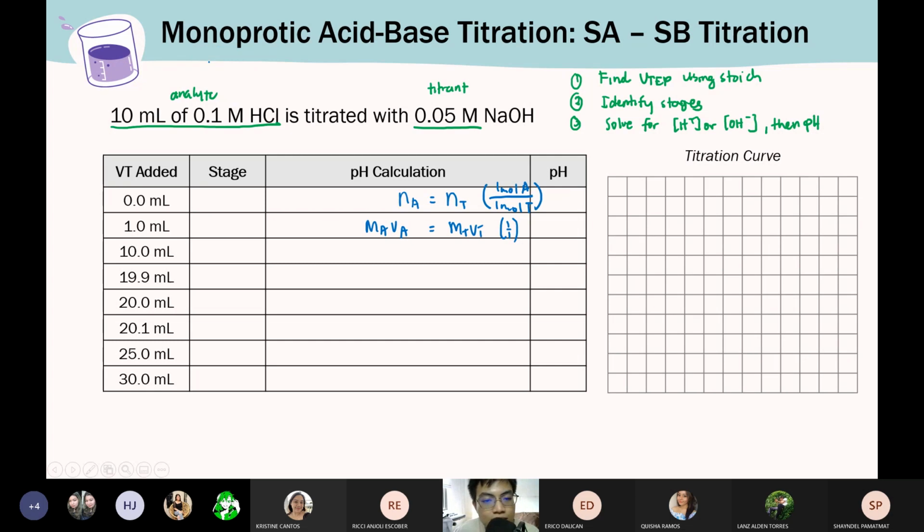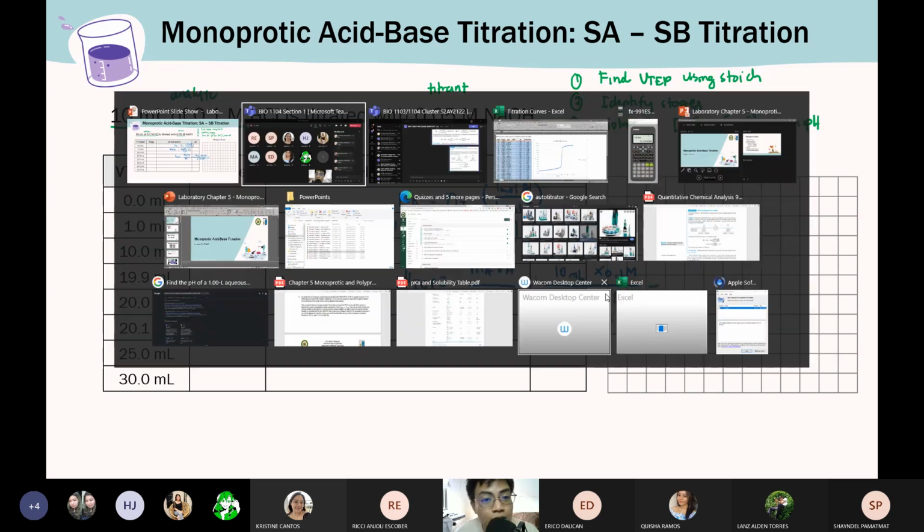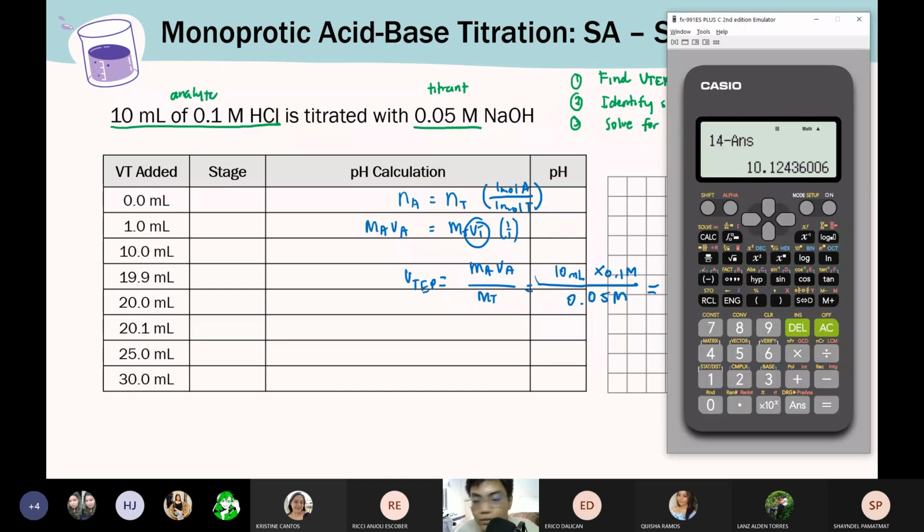Ay, what's next? To get the VT. Okay? So, let's solve for the VT. Si VTEP. Okay? That will be MAVA over MT. So, that will be 10 ml, 0.1 molar, and this is 0.05 molar.